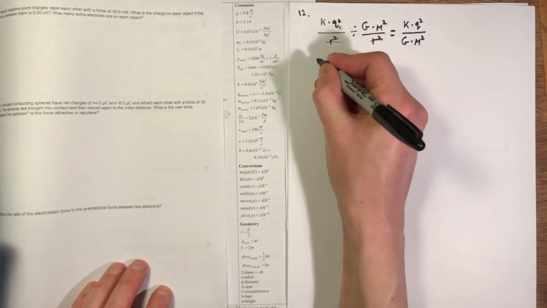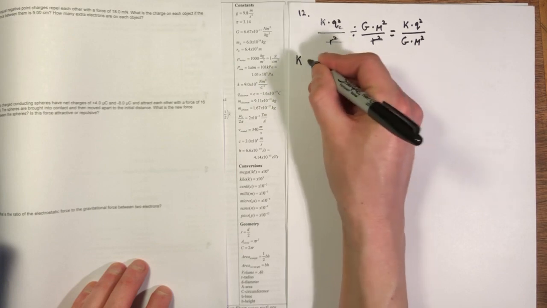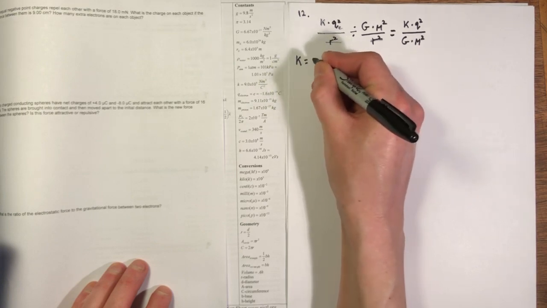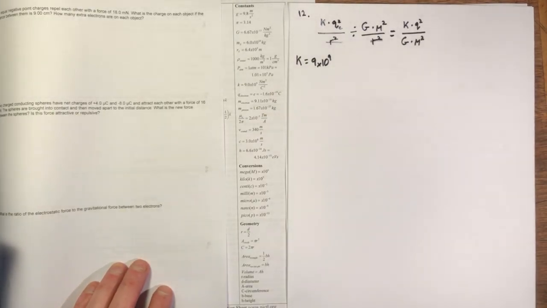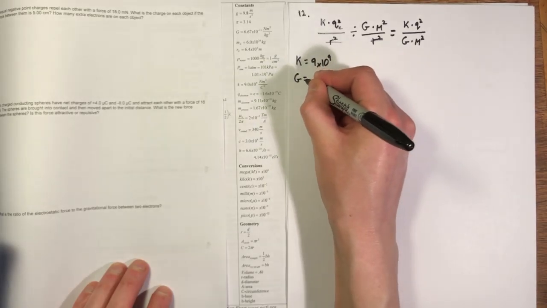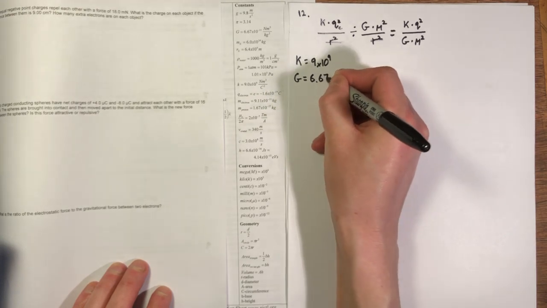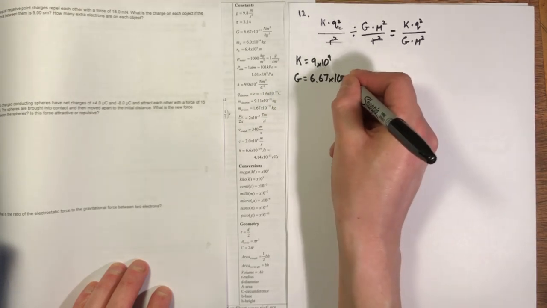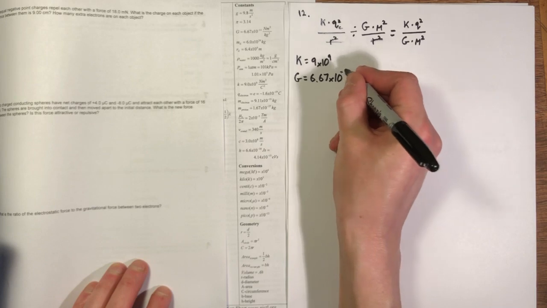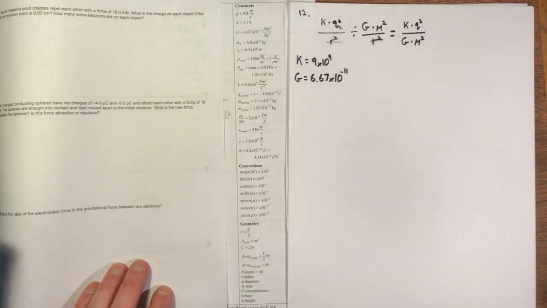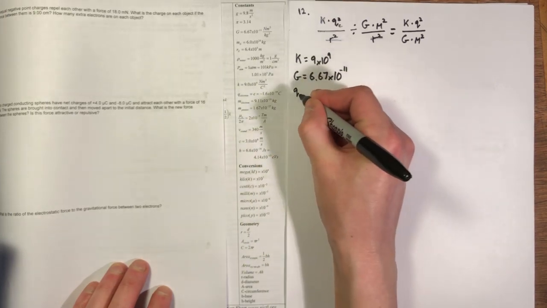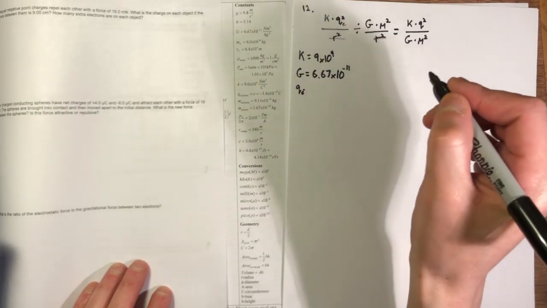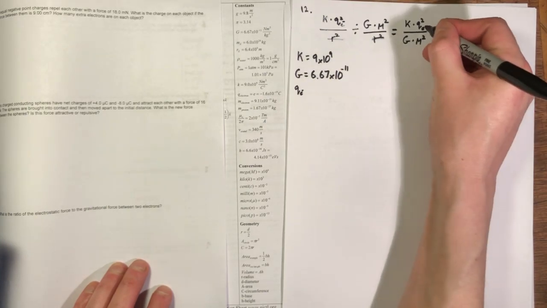Okay? All of this, you're going to be able to look up on our answer sheet. There are going to be some fairly big numbers, but K is going to be, as we know, 9 times 10 to the 9th. G is going to be 6.67 times 10 to the negative 11th. Okay. Our charge of an electron, yeah, there's that e.